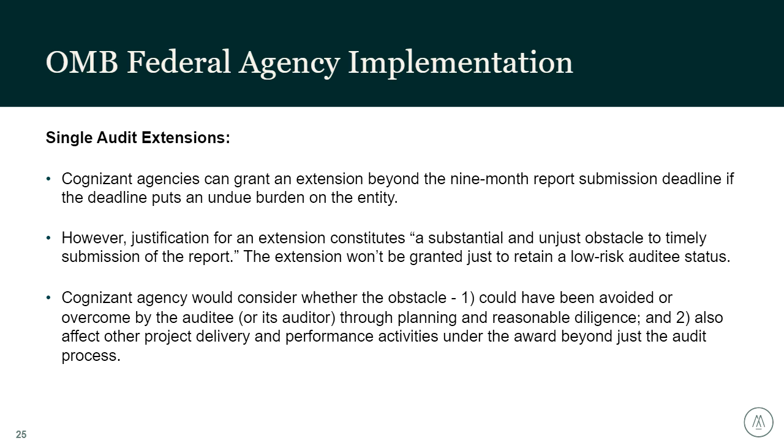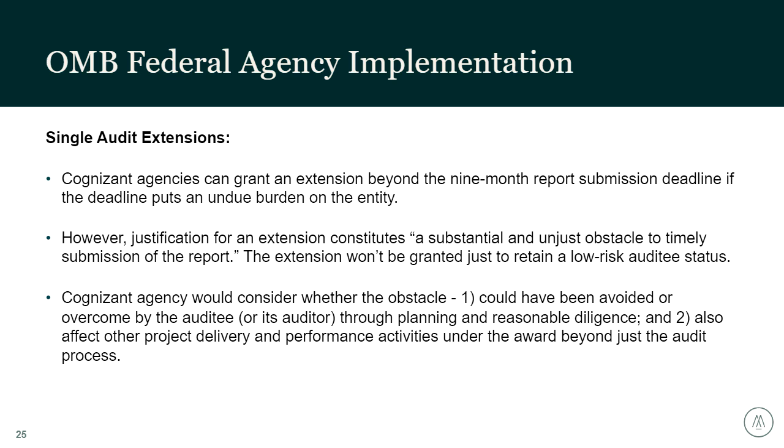So when cognizant agencies are evaluating your justification for a substantial and unjust obstacle, they're going to see if anything could have been avoided or overcome by either the auditee or the auditor through planning and reasonable due diligence.